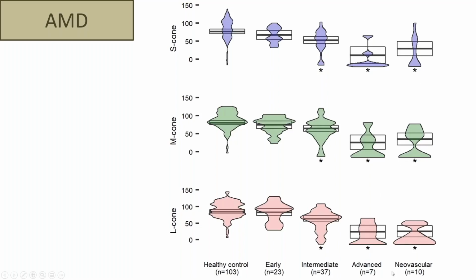And of course, people with advanced disease have horribly low levels in their cone contrast threshold scoring. So what we found here was actually not a new finding. We're actually confirming the findings by a group at Duke University in North Carolina, where they also found that cone contrast threshold testing is a reliable test for finding a significant reduction in patients with intermediate macular degeneration.